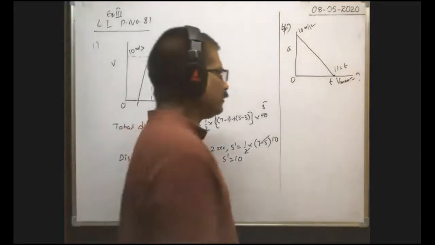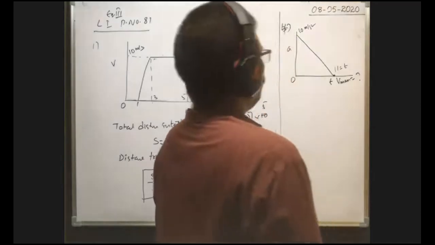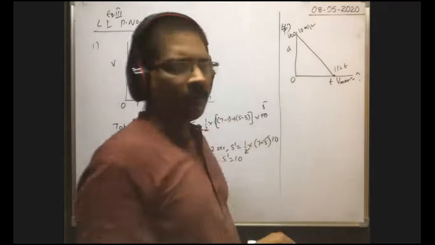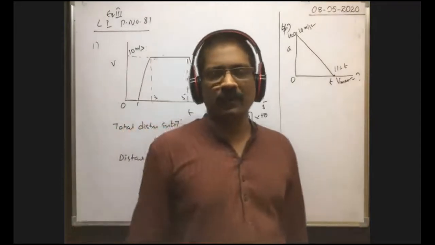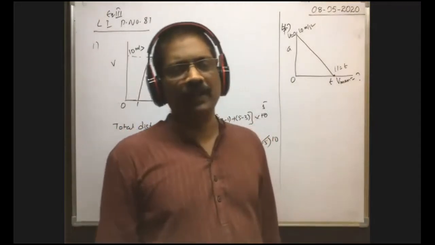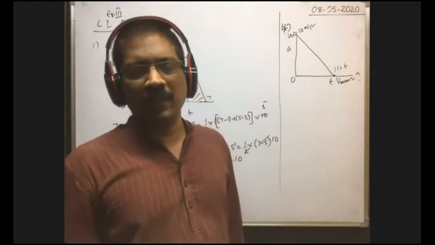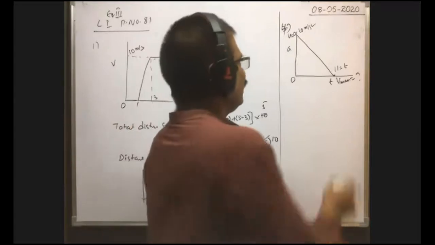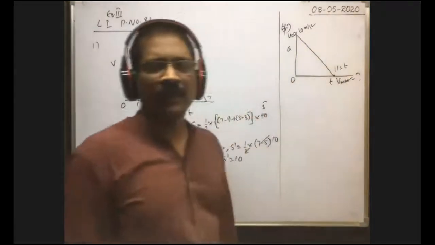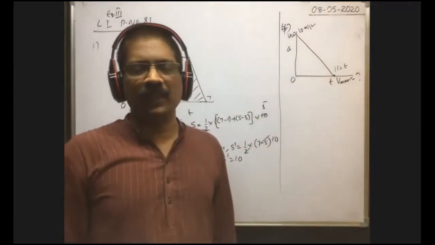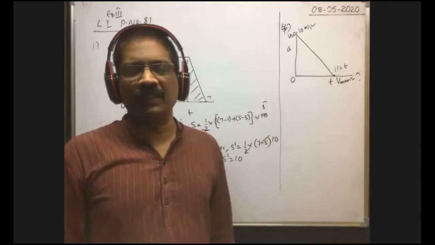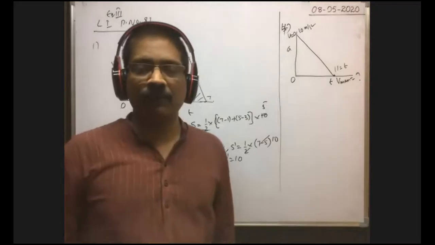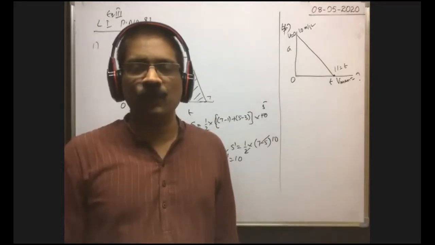Okay, here initially the particle starts from rest, that is given. Here we can do it in two different methods: by considering the area under the graph, or by the integration method. Area under the acceleration-time graph gives what?